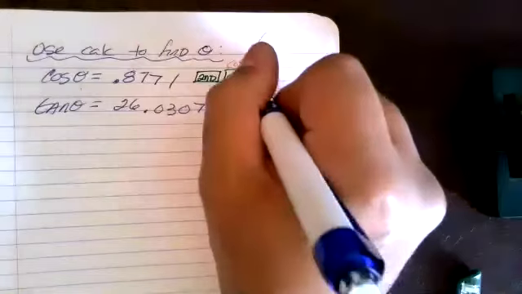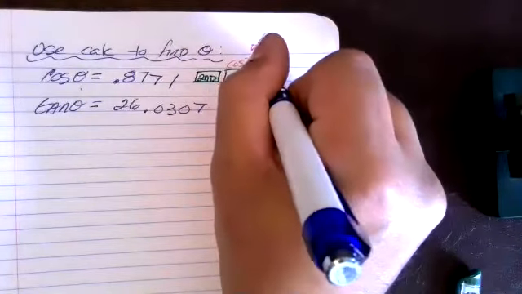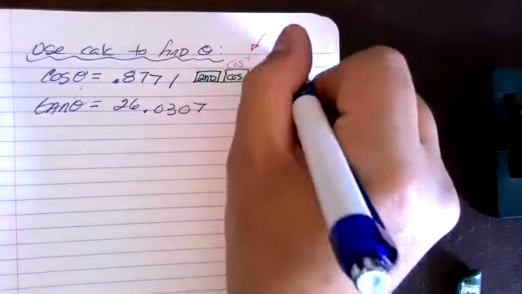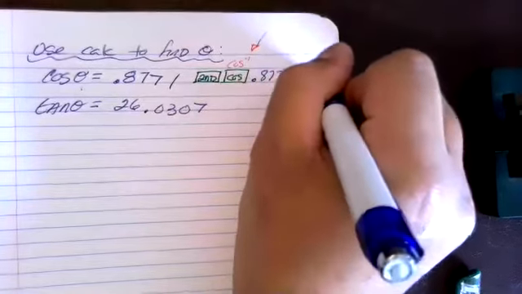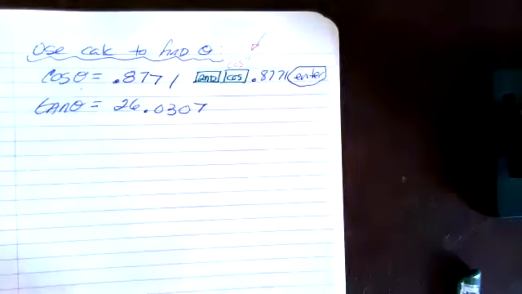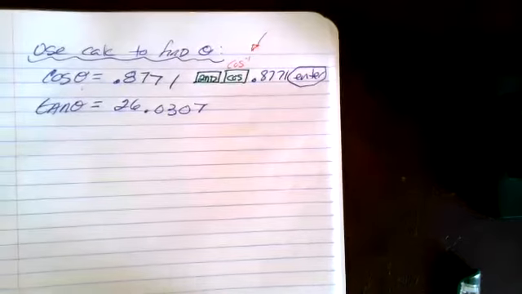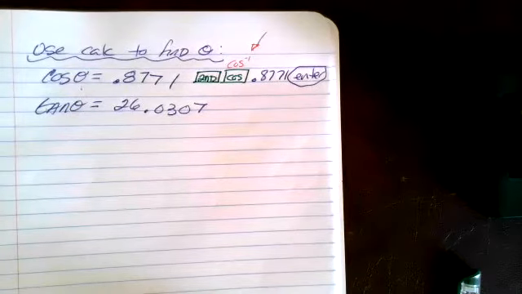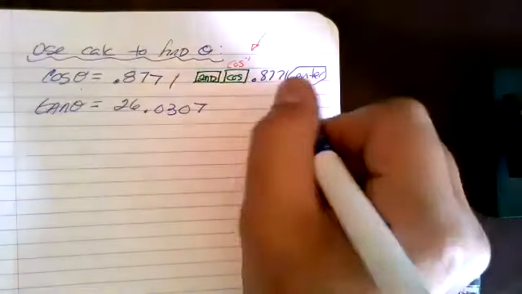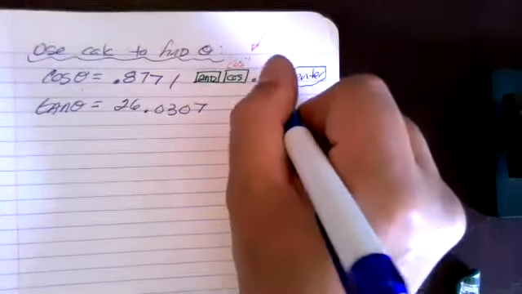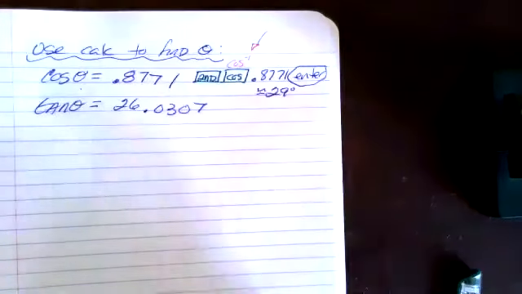And we talked about that being the inverse function. And then we could put in our 0.8771, enter. And hopefully, it says round to the nearest degree, and hopefully we get approximately 29 degrees.